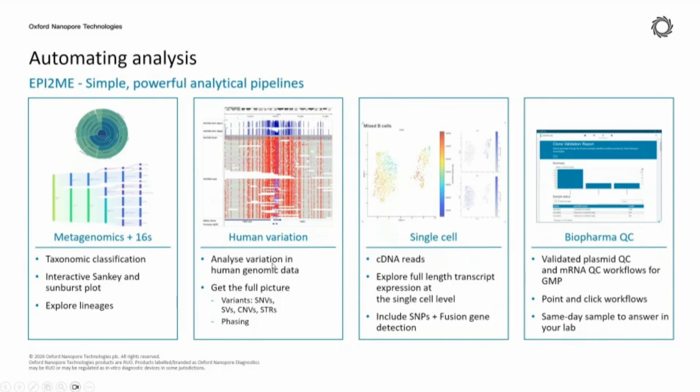And then, of course, there are also workflows that help us analyze amplicons, single cell transcriptome data, and workflows to check specifically on perhaps plasmids. I think at the moment there are more than 15 different workflows available inside EPI2ME.